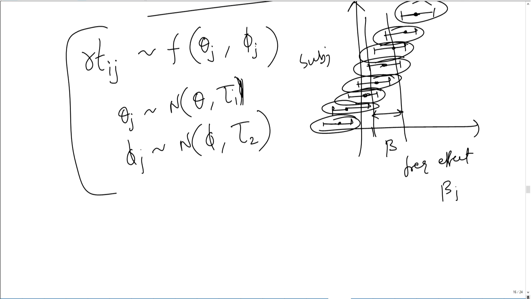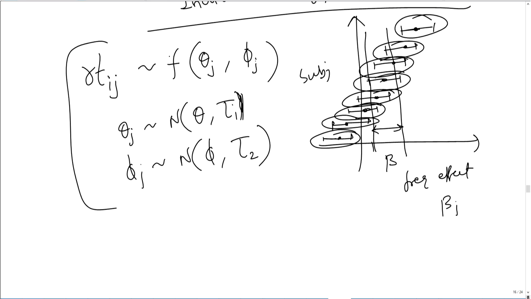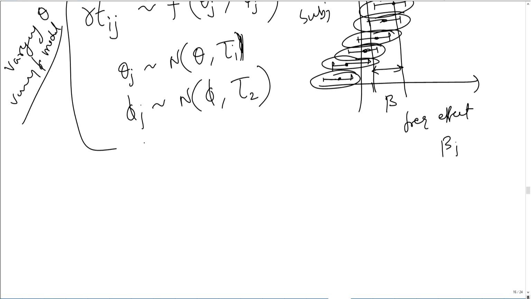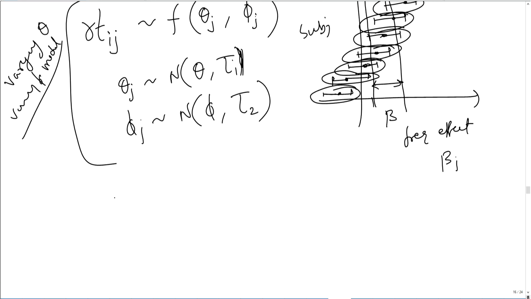Okay. But how do we do this? How do we use this for individual difference modeling? So let us call this the varying theta and varying phi model. So in this model, both theta and phi vary. Okay, they vary by subject. So subjects differ in both theta and phi. Okay, but you can make an alternative assumption.